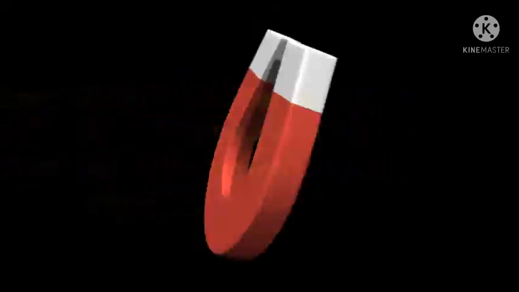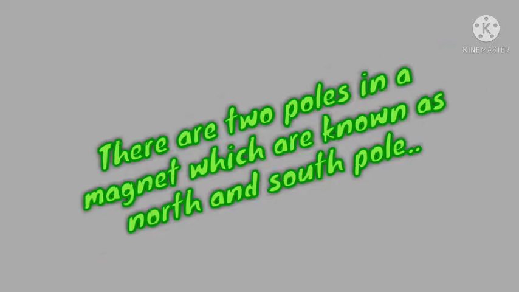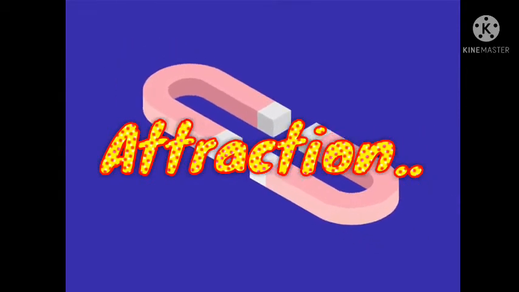Now let's see some facts on magnets. There are two poles in a magnet, known as the north and south pole. Just two poles can be found in a magnet. Next, let's see what is known as attraction.